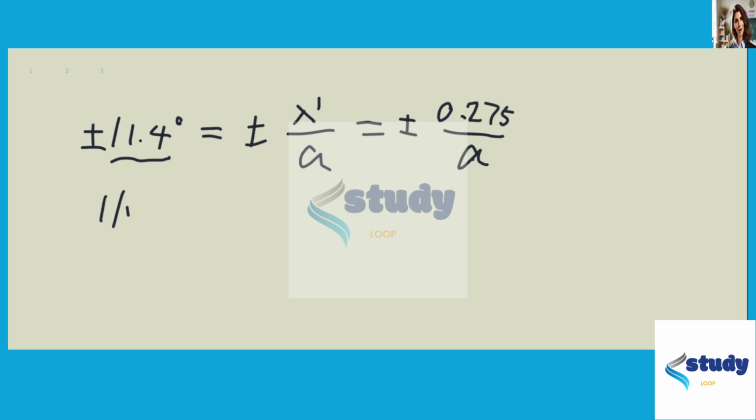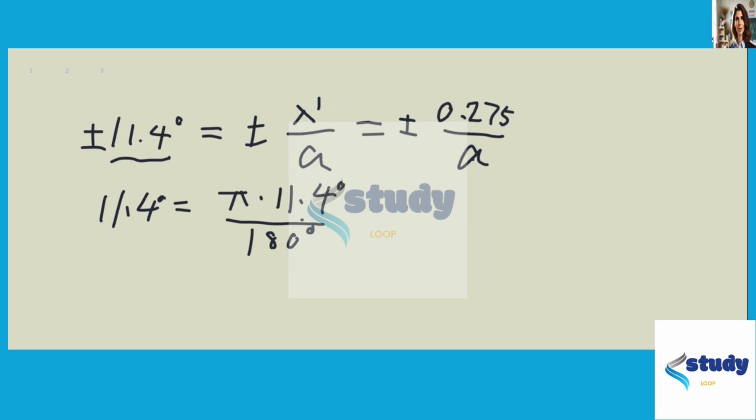So 11.4 degrees equals pi times 11.4 divided by 180, which is a dimensionless number.